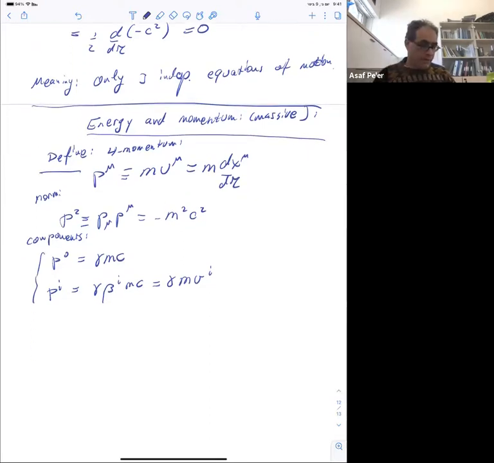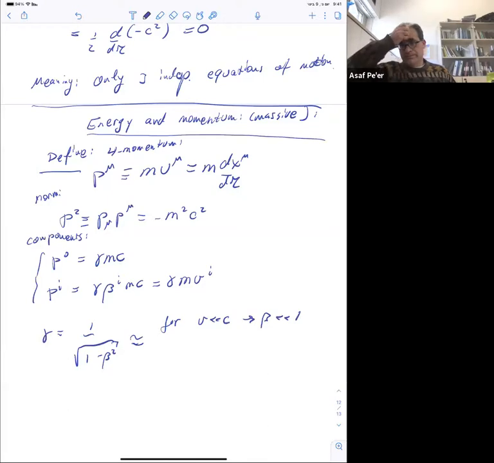Now we haven't really touched that so far, but we said that gamma is equal to 1 over the square root of 1 minus β squared. So when v is much smaller than c, that means that β is much smaller than 1. And what is gamma? That's a Taylor expansion.